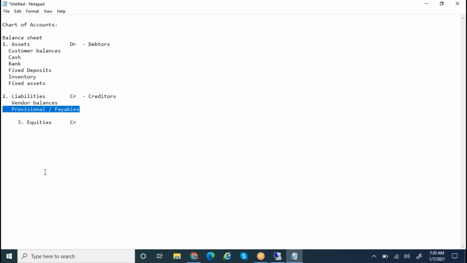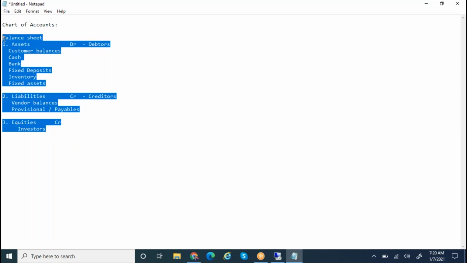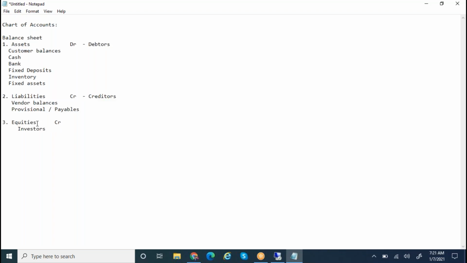Equities means investors, whoever has invested money in your company. The partners, the main partners and investors, because a partner is also an investor. Understood these words? Any confusion? So these all are balance sheet items: assets, liabilities, equities.